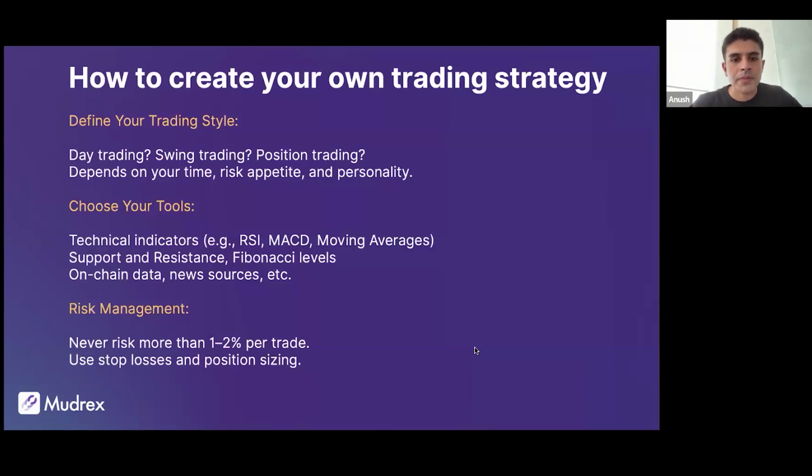So putting it all together, let's say you're building your own strategy. This is how it might look. You decide to become a swing trader. You can check charts maybe once or twice a day. You use RSI and support/resistance levels to find these trade setups. Now, you only take trades with a risk to reward ratio of at least 1 to 2. You risk 1.5% of your money per trade and you always use a stop loss.